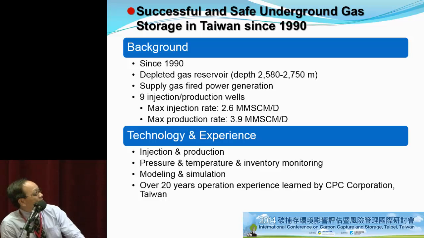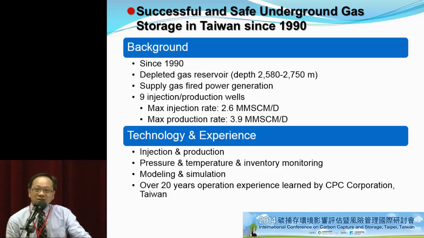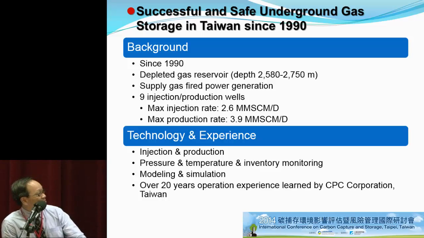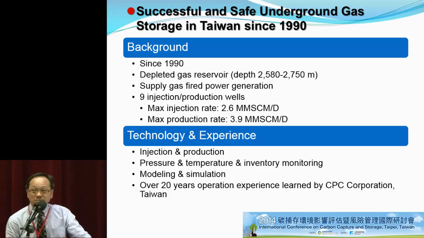That will supply the gas-fired power stations, and there are 9 injection wells. So the injection technology already exists in terms of gas injection. Injection and production is also a mature technology. They can also monitor the pressure, temperature, and inventory, and do modeling simulations. So our CPC colleagues already have over 20 years of operational experience.